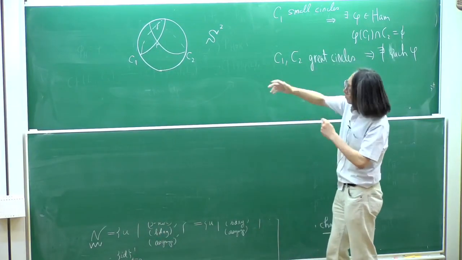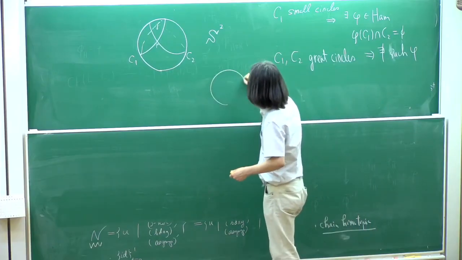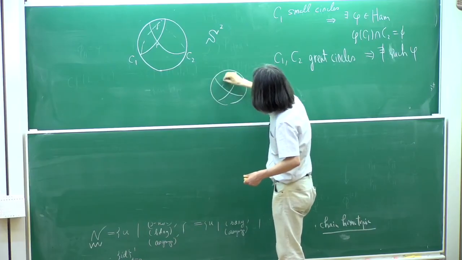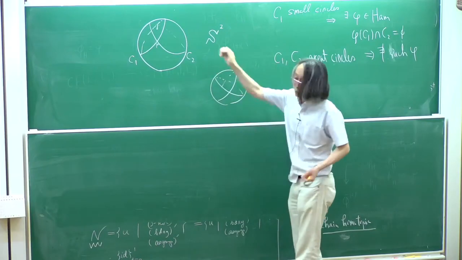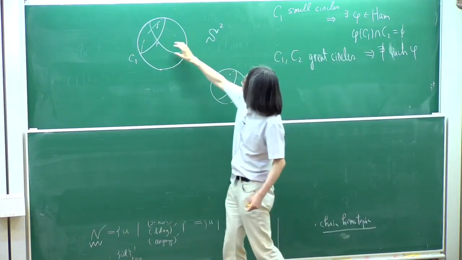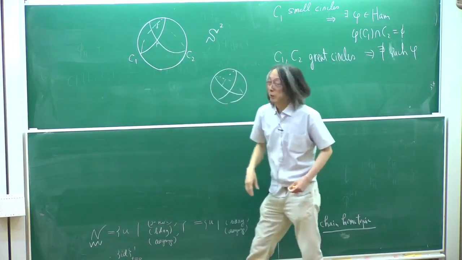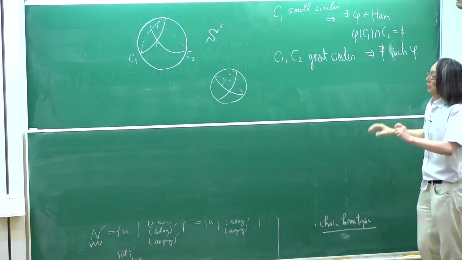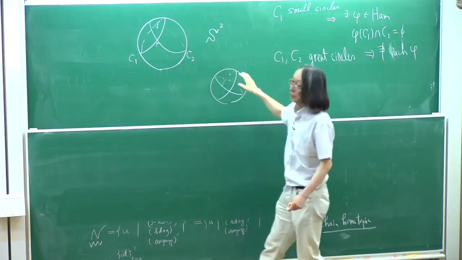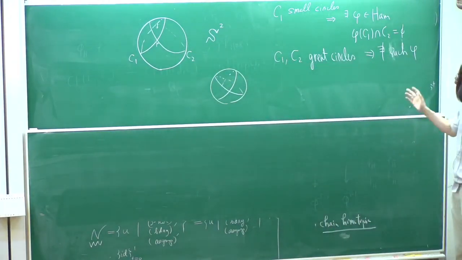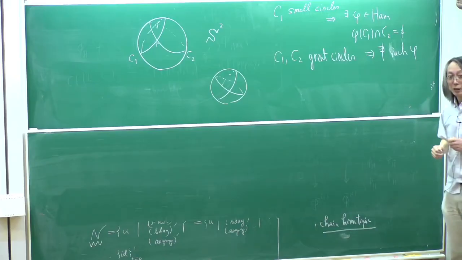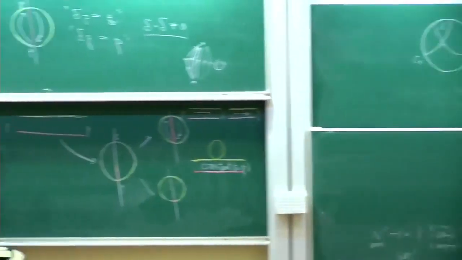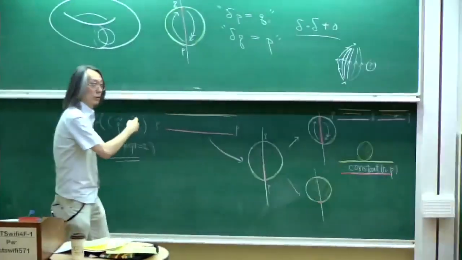Maybe both of them are great circles, or both are small circles. Maybe we can also put two small circles in such a position that there is a one-to-one correspondence of these holomorphic strips. So therefore, you can get a one-to-one correspondence of the moduli space. And that is somehow related to taking these covering things.